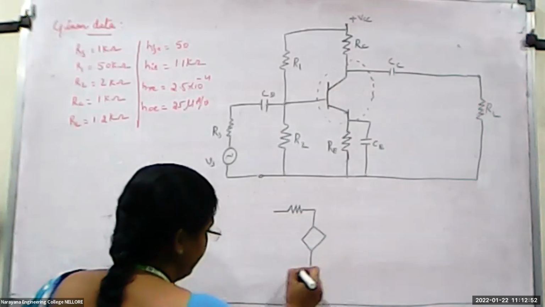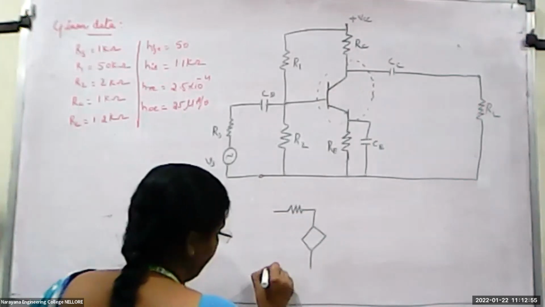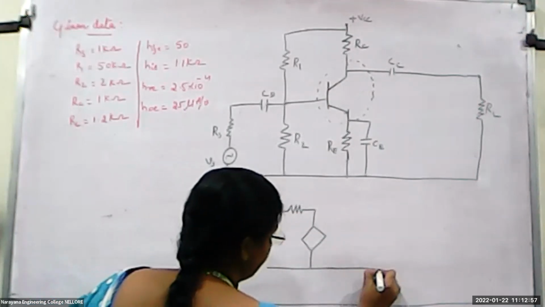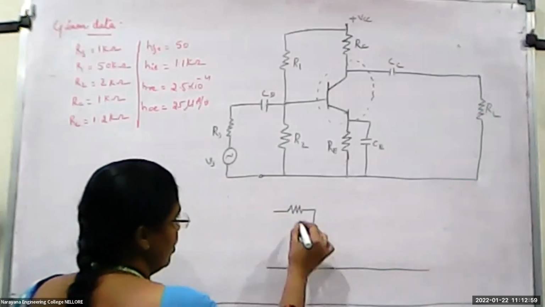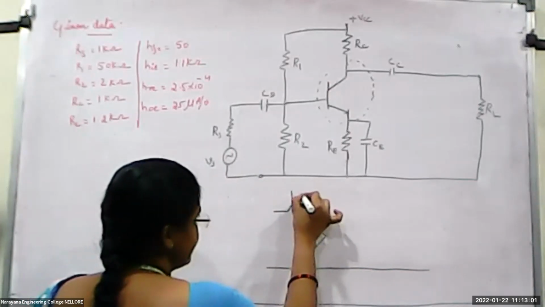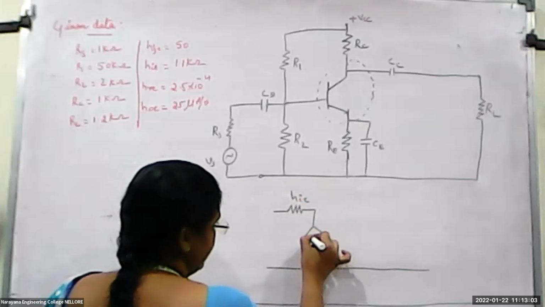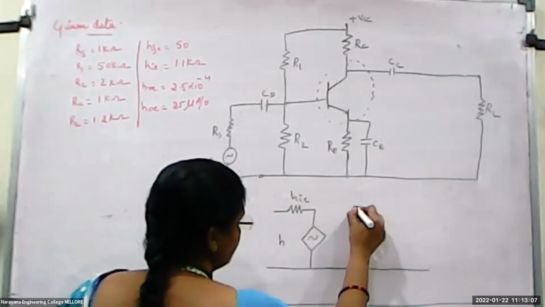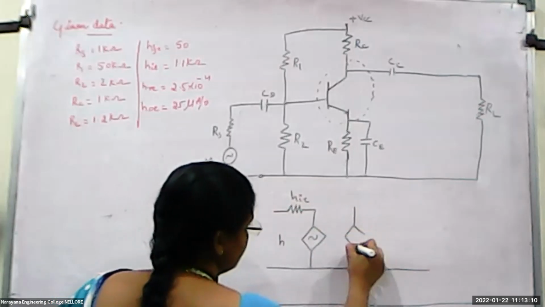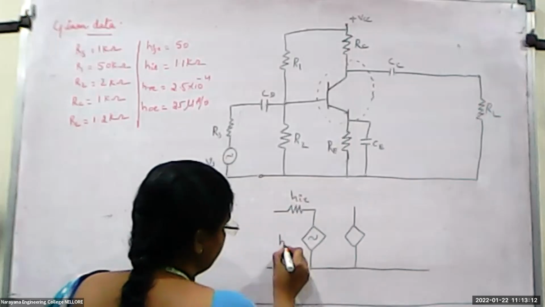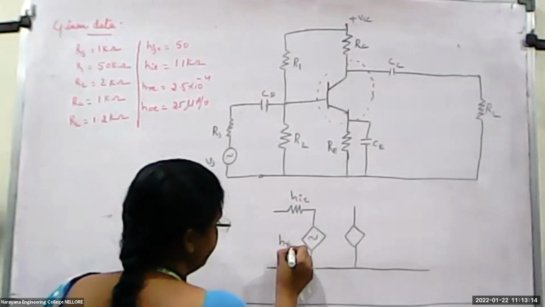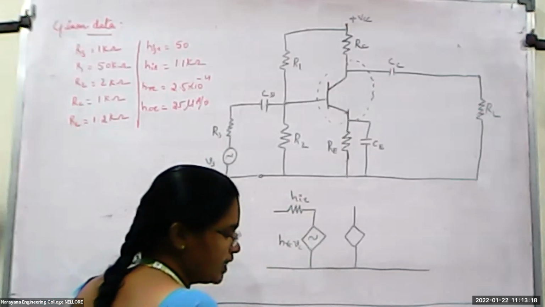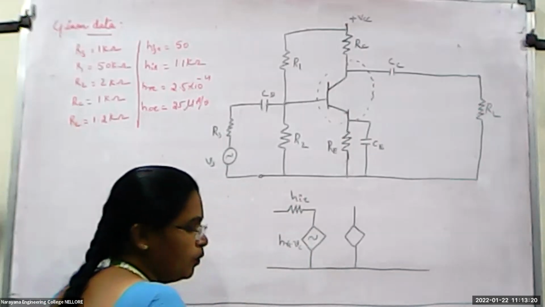Transistor can be replaced by a hybrid model. This is HIE. Here there is a dependent voltage source, that is HRE into VC.